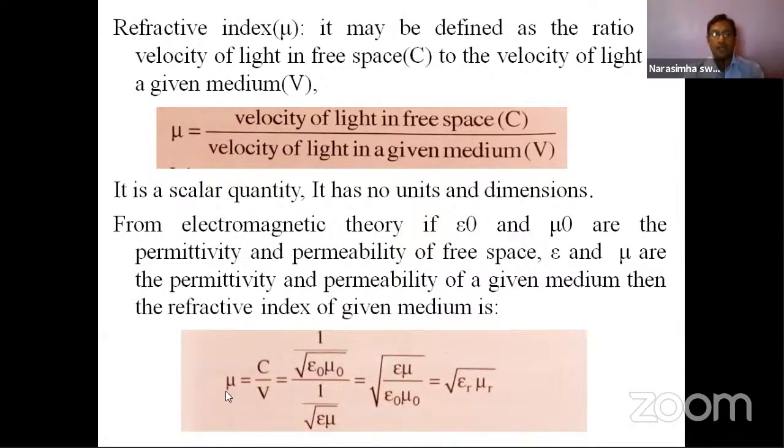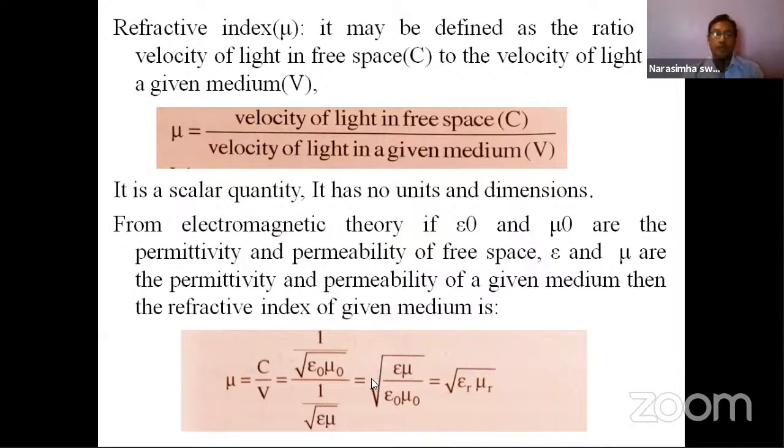Now look at this. We know the formula, mu is equal to C by V. Now we have a relation: C is equal to 1 by under root epsilon naught mu naught. This is the C value in terms of free space, and here it is in terms of any medium, 1 by under root epsilon mu.